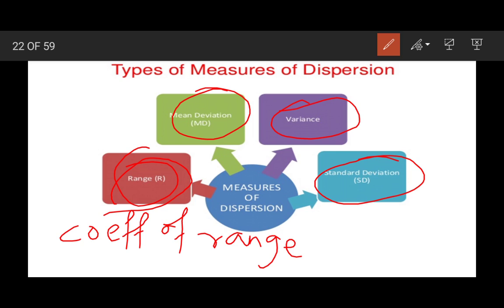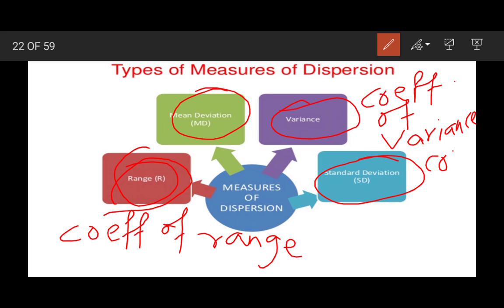Standard deviation, variance and mean deviation, three of them are absolute measures of dispersion. And for standard deviation there is a relative measure which we are going to use for comparison, and that is known as the coefficient of variance. This coefficient of variance is used as a relative measure for comparison.